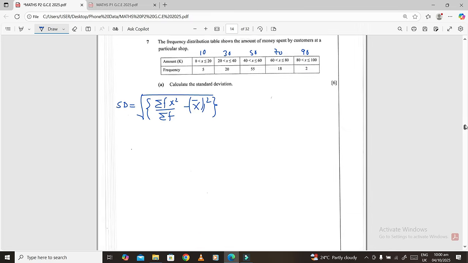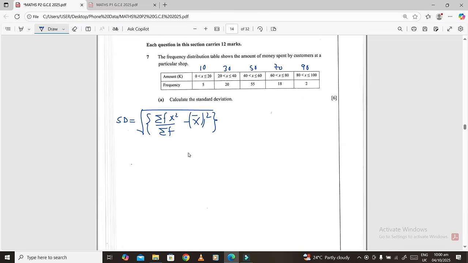So when you have found the midpoint, you now find the mean, which is x bar. Start with the mean: you get a 5 as a frequency here, plus 20, plus 55, plus 18, plus a 2, like that.